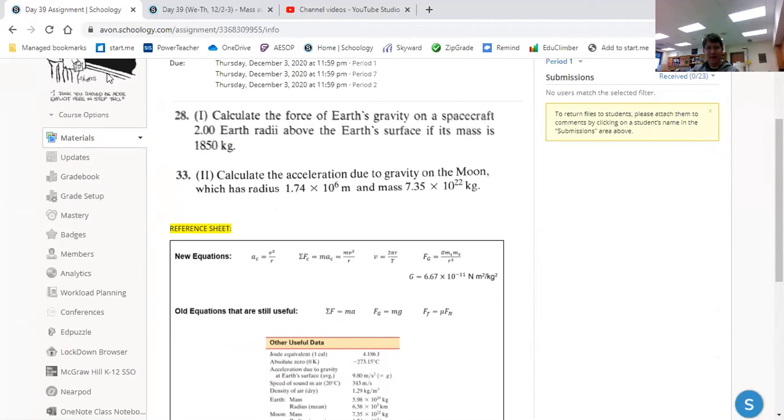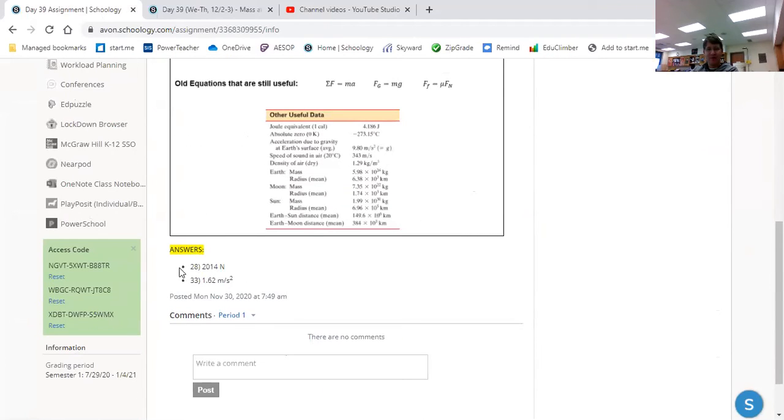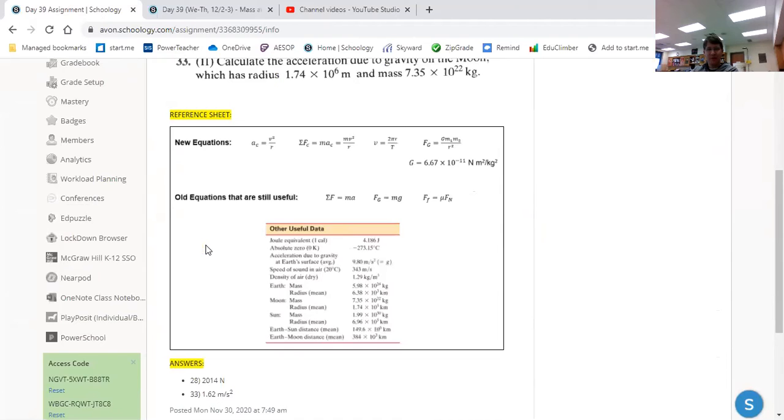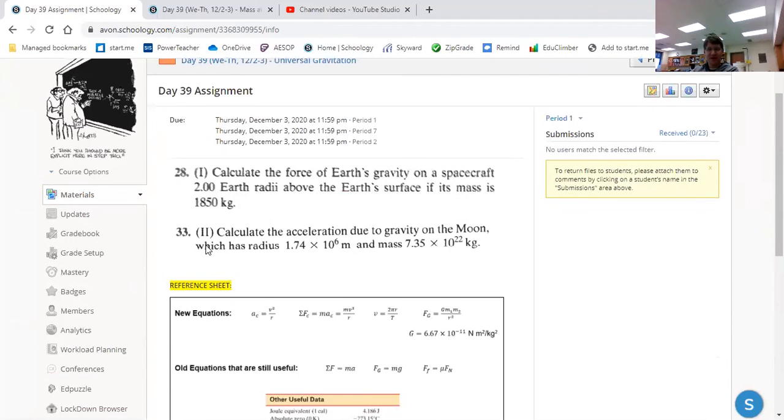What I'd like you to do is try these 2 problems. You can check your answers down here when you get there. Just like before, ask me questions as they come up, or when you're finished with both, you can turn it in, and then you're done. Also, if anyone's got questions on getting this 9.8, let me know too.